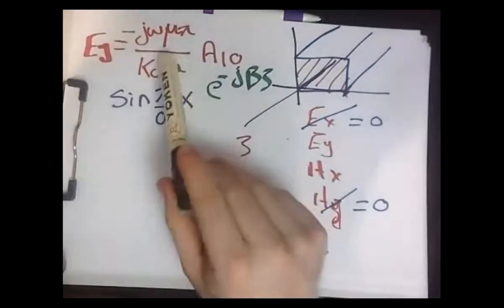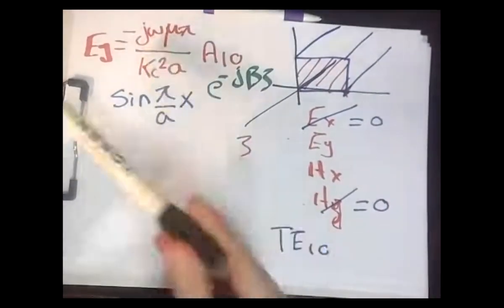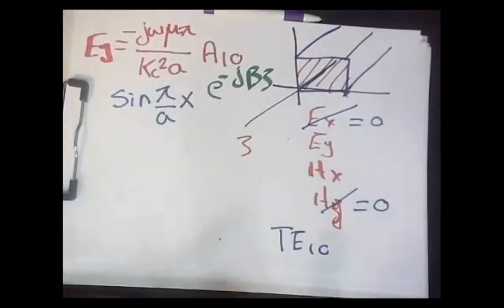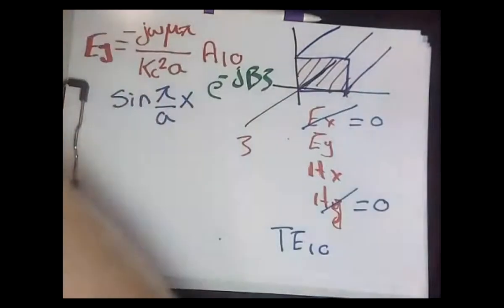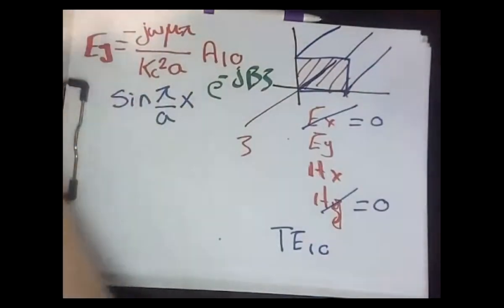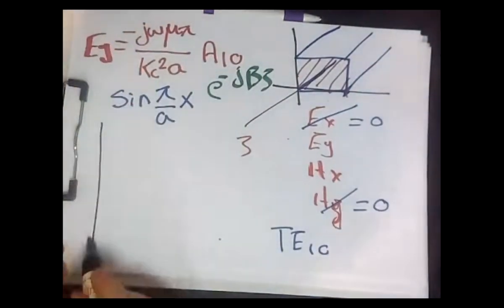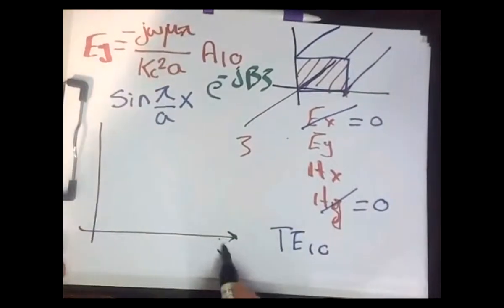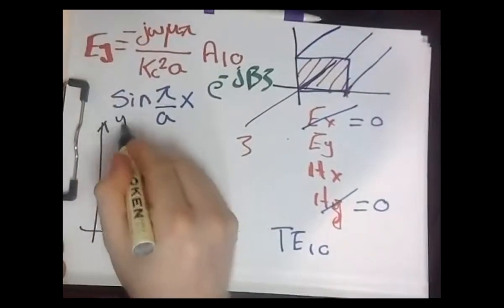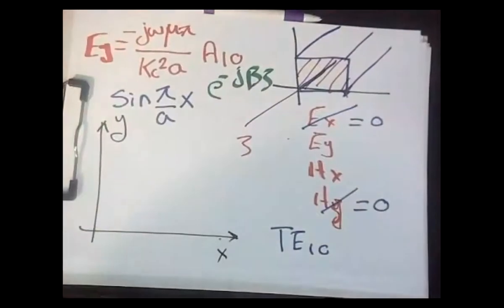Of course, omega is a frequency, so it's frequency dependent, but with respect to space it's a constant. What I'm going to plot now, my dear students, is an XY plot.